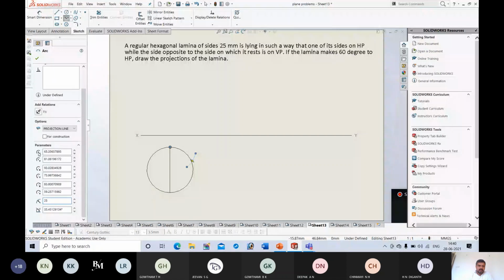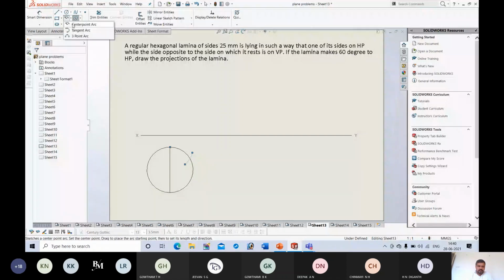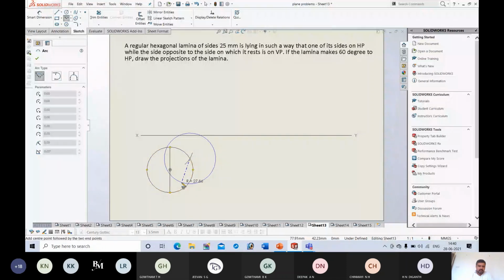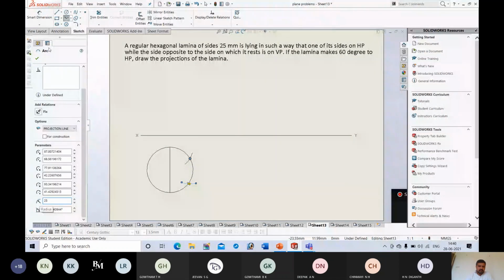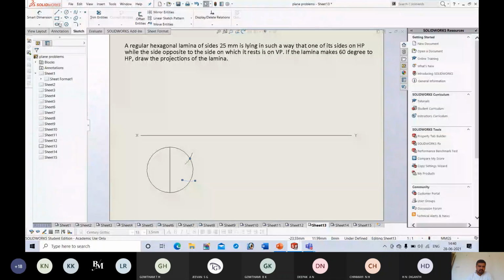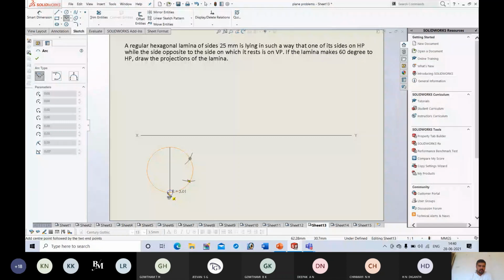Next, again with this as center and 25 as radius, I will cut one more arc. Next, with this as center, draw one more arc and cut the circle by taking 25 as radius. Next, with this point as center, I will draw one more arc.